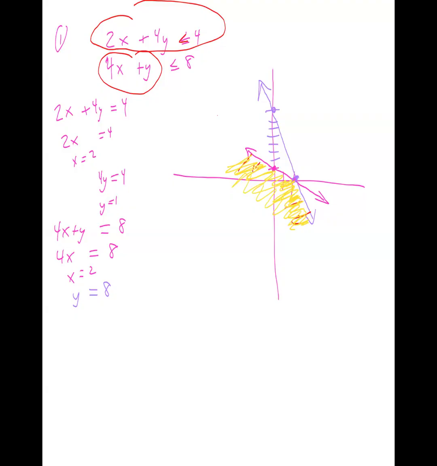Now we're on question number 2. Question number 2 says -2 is less than or equal to x less than 5. So the first line we're going to draw is a solid line at -2 equals x.